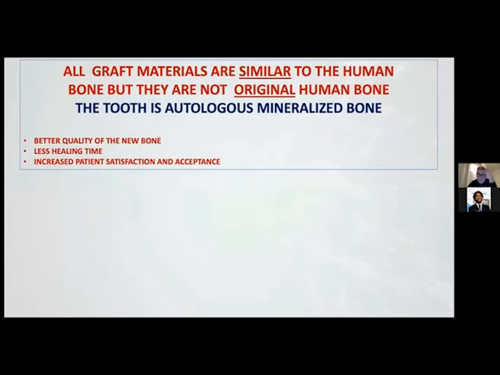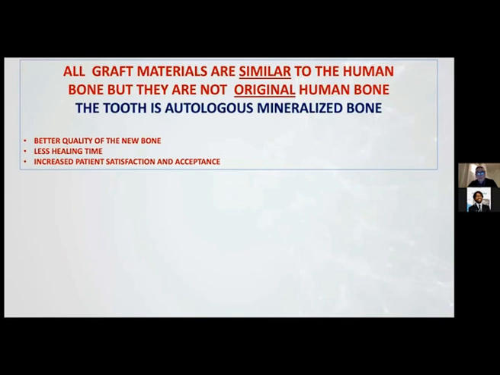So all graft materials are similar to human bone, but they are not original human bone. Why do we use the tooth? Because the tooth is original autologous mineralized bone. The only difference between bone and dentin is the quantity of mineralization.